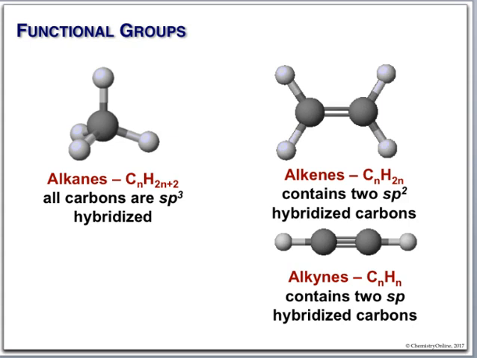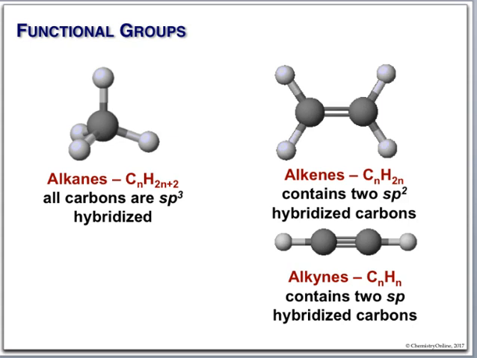And the alkyne had a carbon-carbon triple bond. You'll note that the valence of carbon, that's the number of things that it's bonded to, is the same in all of them. 1, 2, 3, 4, 1, 2, 3, 4, 1, 2, 3, and 4. So carbon is always bonded to 4 things.